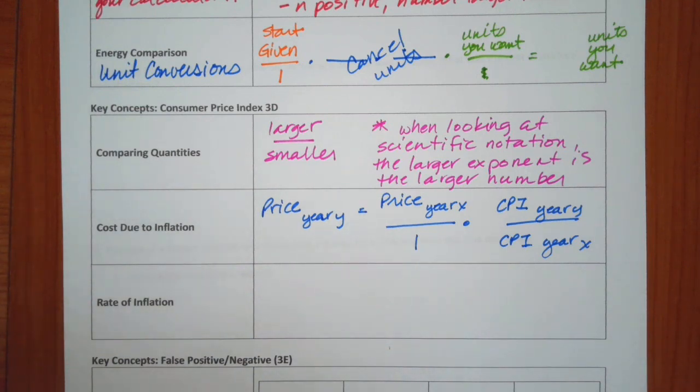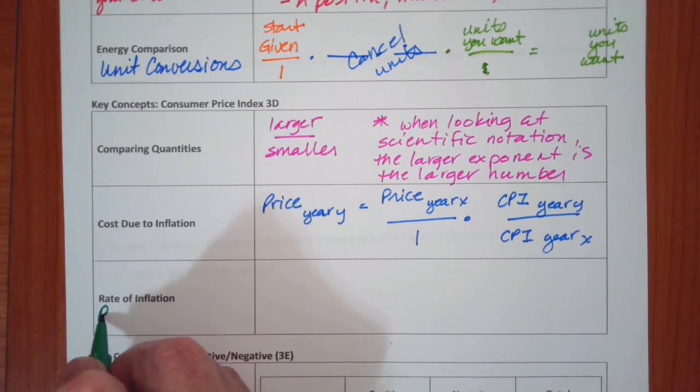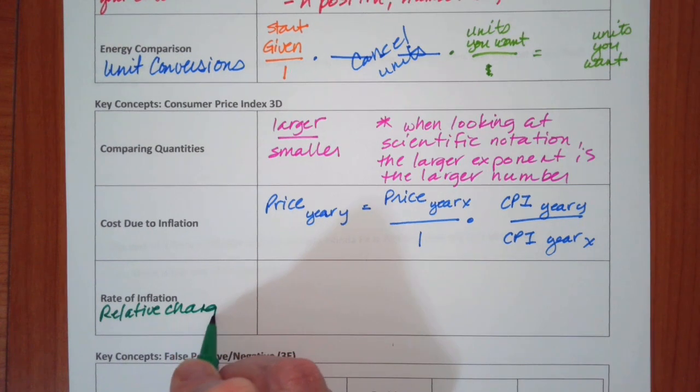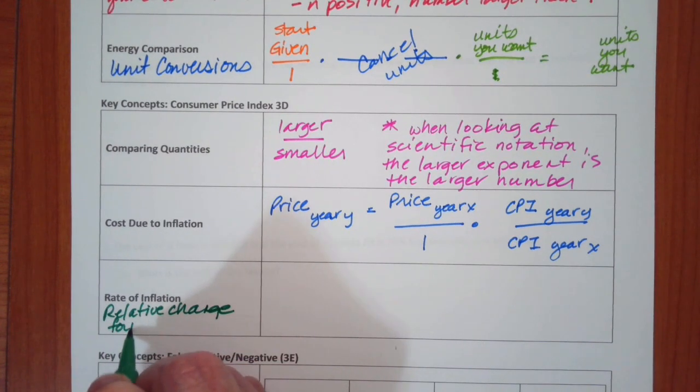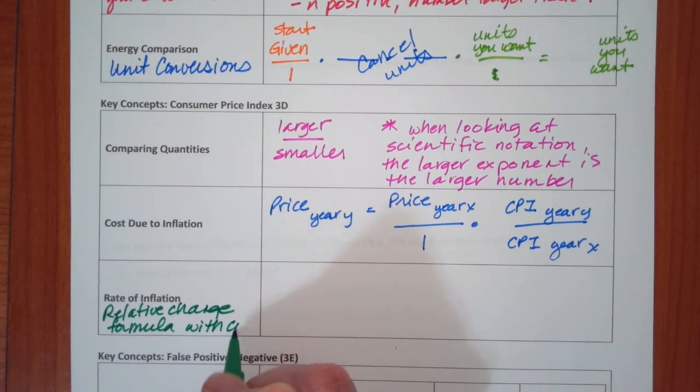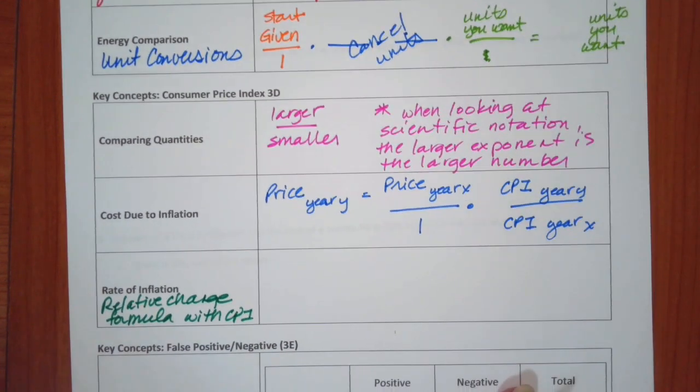Okay. Now, the rate of inflation, once again, this is something we've done before. All it is is the relative change formula with CPI, your consumer price index.